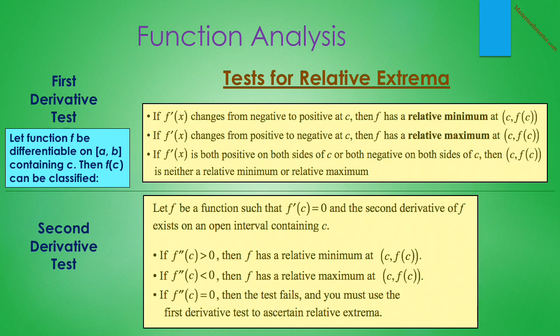If f double prime of c is positive, then f has a relative minimum at the point (c, f of c). If f double prime of c is negative, then f has a relative maximum at the point (c, f of c). And if f double prime of c equals 0, then the test fails, and you must use the first derivative test to ascertain relative extrema.